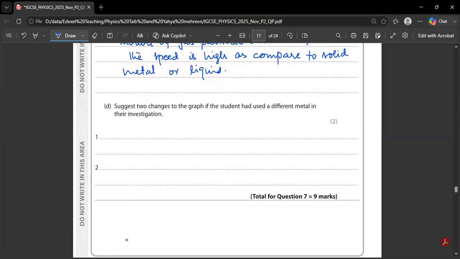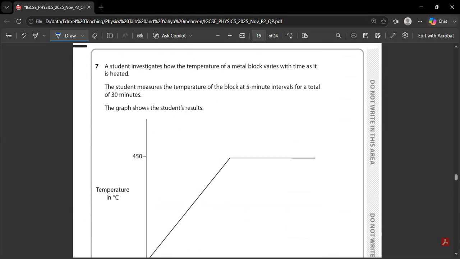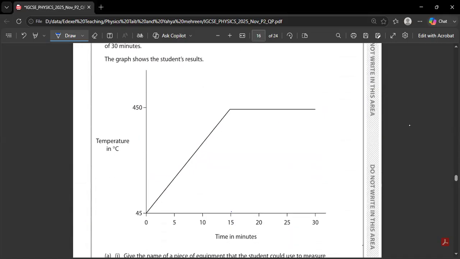Now suggest two changes to the graph if the student had used a different metal in their investigation. What could be the changes when the metal is different? Definitely the rise of temperature would be different. The gradient would be different.